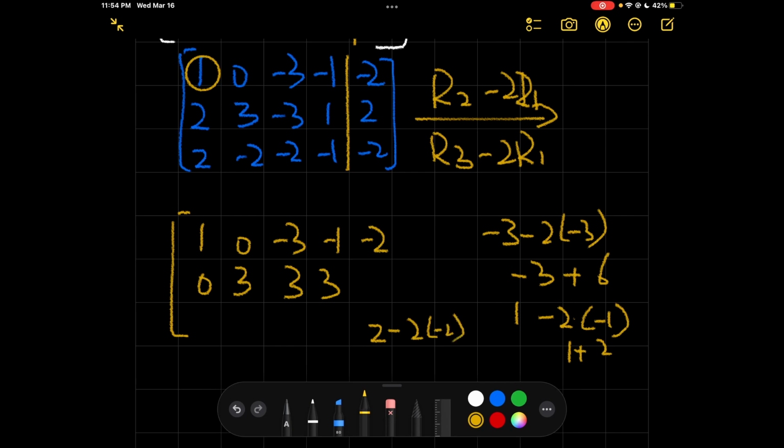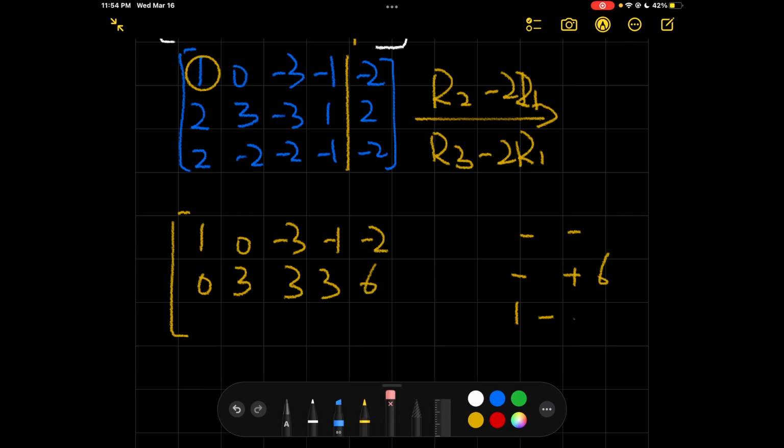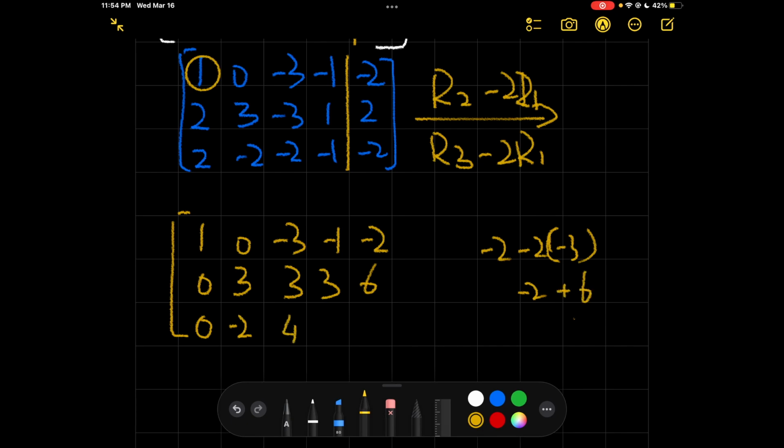And 2 minus 2 times negative 2, which is 2 plus 4, is 6. Now row 3 minus 2 row 1: 0, negative 2 minus 2 times negative 3 is negative 2 plus 6 is 4. And this is negative 1, negative 2 minus 2 times negative 2, which is 2.